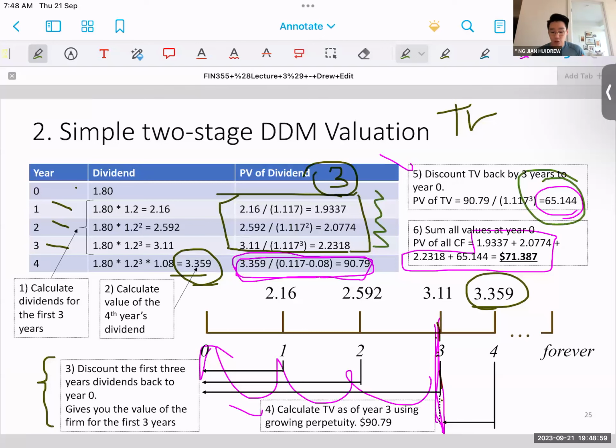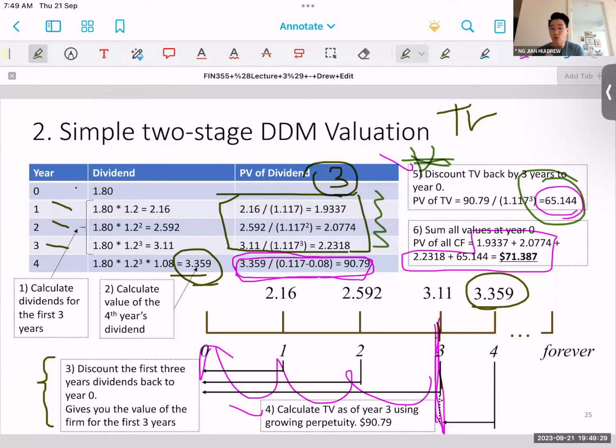I want to highlight that you need to be very careful and draw this line graph to see where you are standing, in the sense of how many years you have to discount the terminal value back. This is very important. You know that you need to discount the terminal value back, but you need to be very clear where you are. Normal growth starts in year 3.